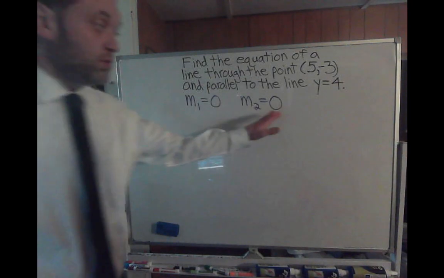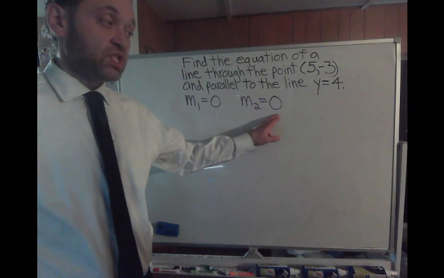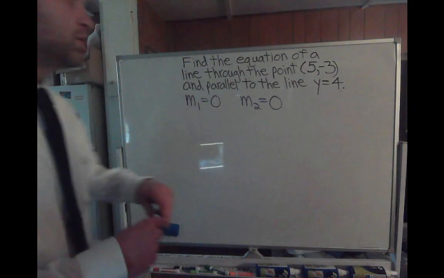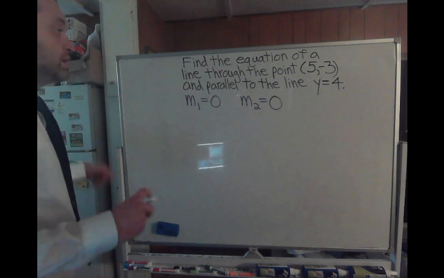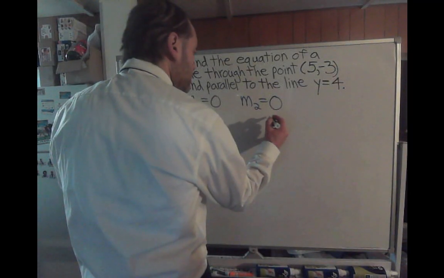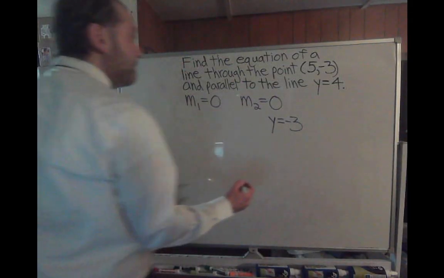Again, you have a 0 slope. That's part of HOY: horizontal line, 0 slope, y equals. So you would end up with y equals -3.